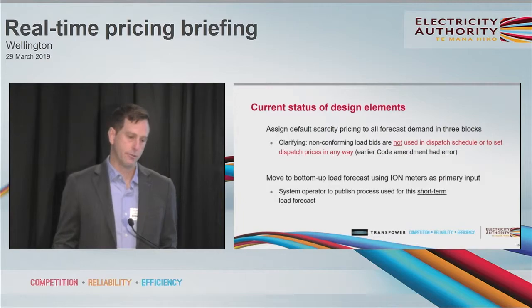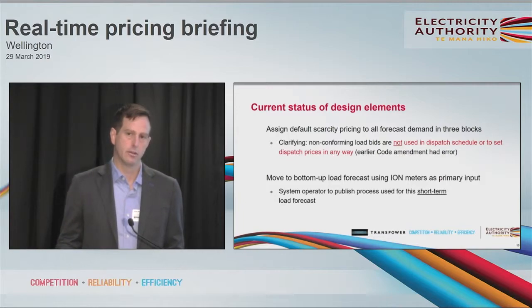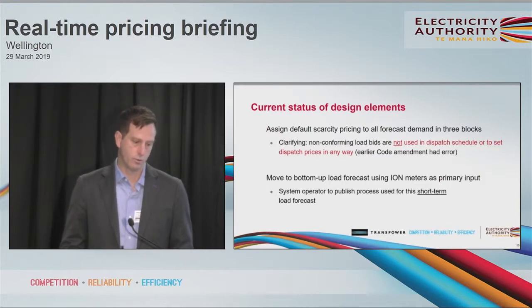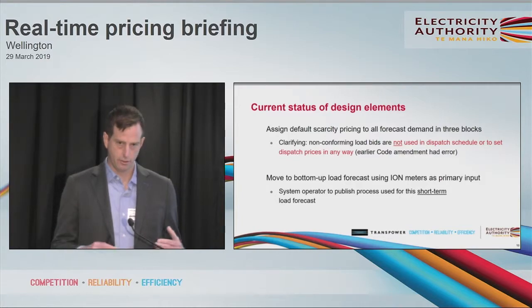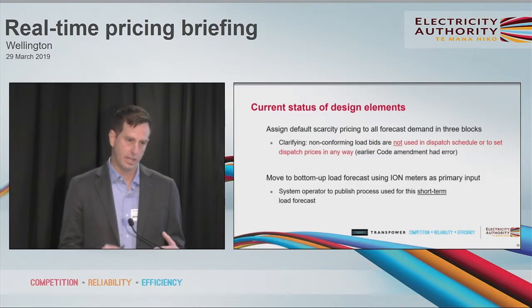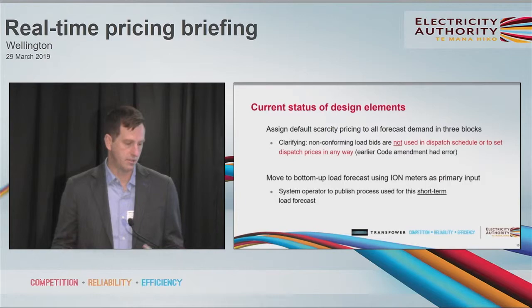Operationally, the plan is for the system operator to move from its current, without going into all the messy detail, top-down method for forecasting what's called the short-term load forecast, so what the expected demand at each GXP is going to be in the next 5 minutes.